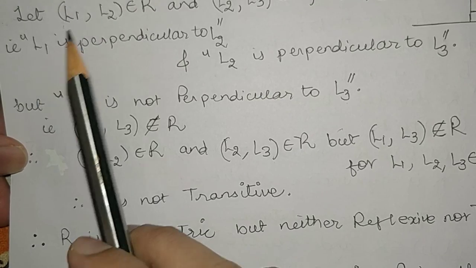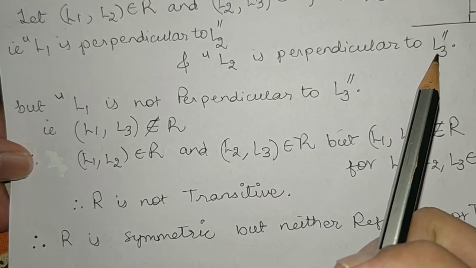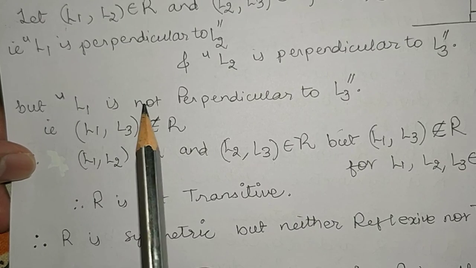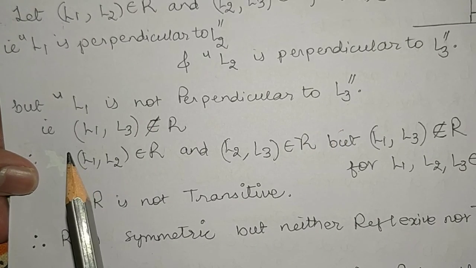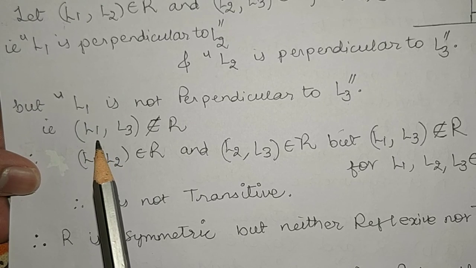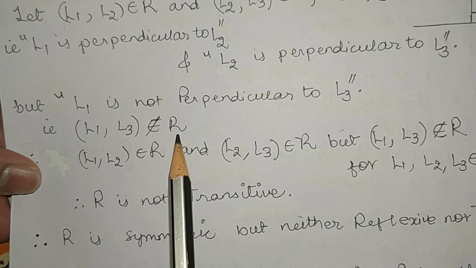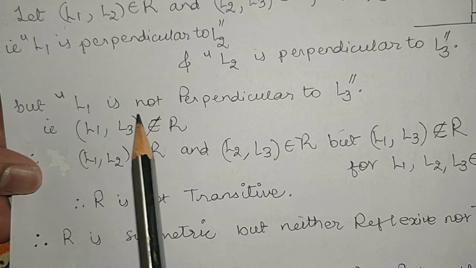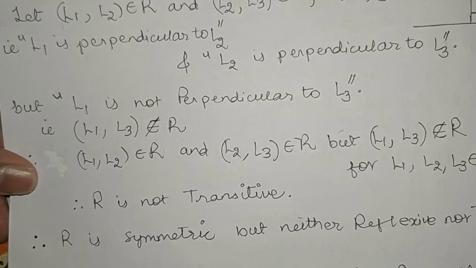So what we get is L1 is perpendicular to L2 and L2 is perpendicular to L3, but L1 is not perpendicular to L3, okay? So that is, L1 comma L3 will not belong to the set R because L1 is not perpendicular to L3.